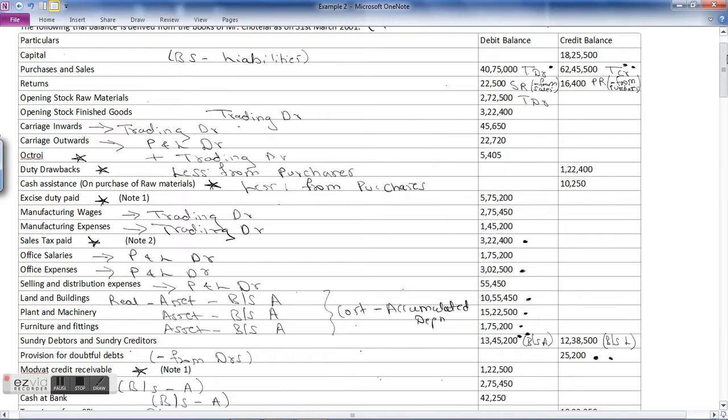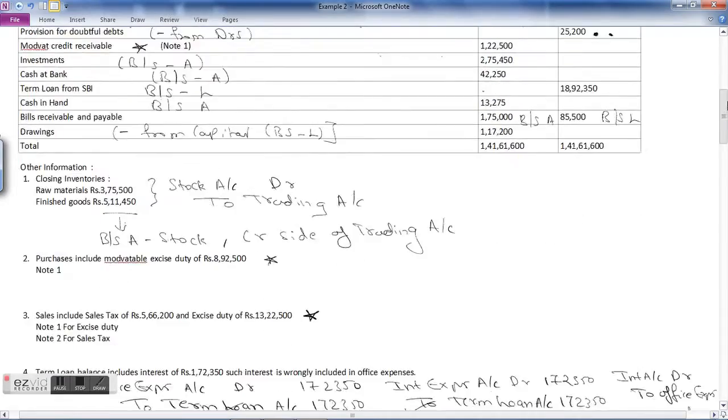Okay, then the next one, opening stock of material. We have two, raw materials and finished goods. So both will be trading account debit side. It will come as opening stock. Raw material is 2,72,500 and finished goods is 3,22,400.